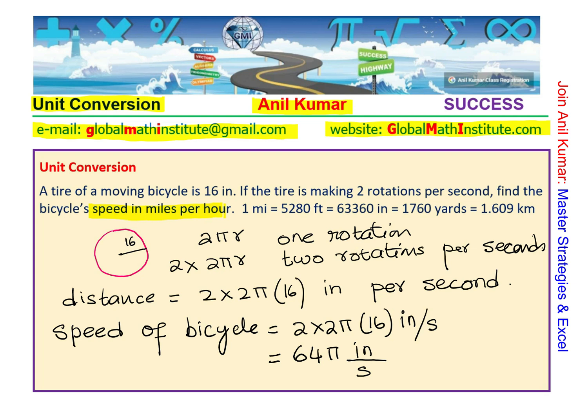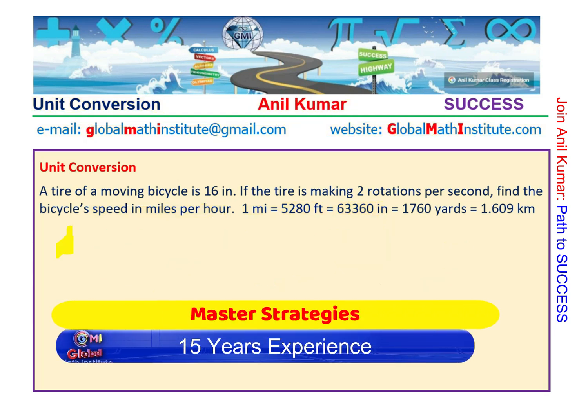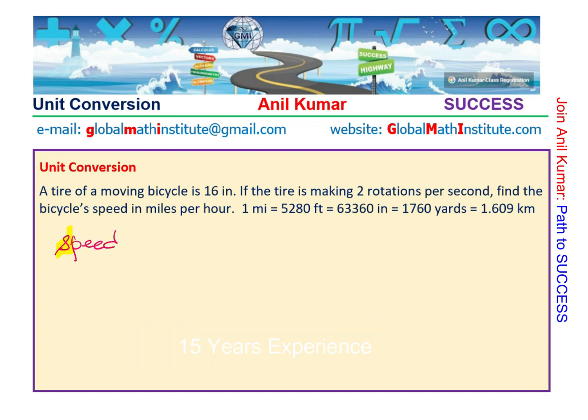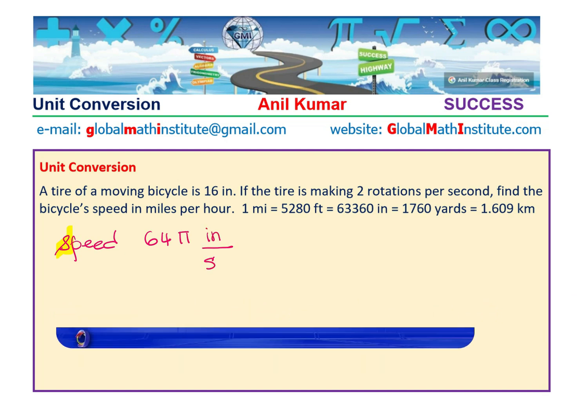Now we'll do the second part, which is to find the speed in miles per hour. In that case, we are going to use the conversion factor. Since we are doing it in inches, we'll use 1 mile is 63,360 inches, and then we'll convert. So let's move on to a new page. We have a speed of 64 pi inch per second.